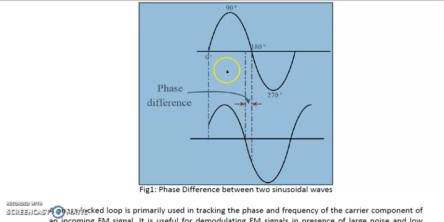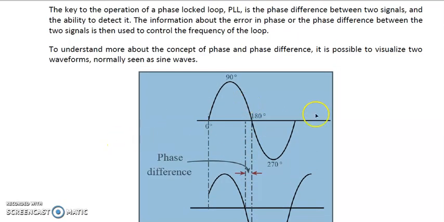The phase difference can occur between waves having the same frequency also. If both waves have the same frequency, but the second one starts earlier, then also we will get a phase difference. When both sine waves have the same constant frequency, the phase difference will be of the same value throughout.